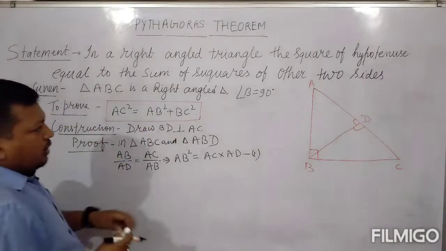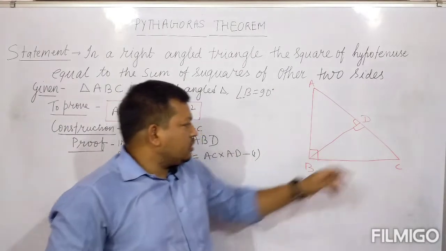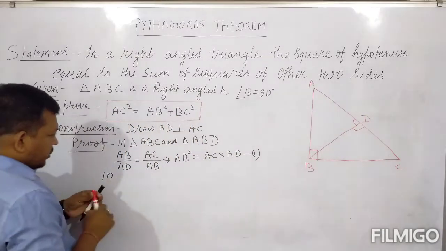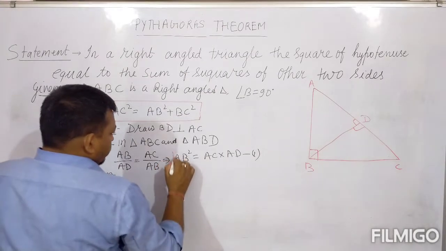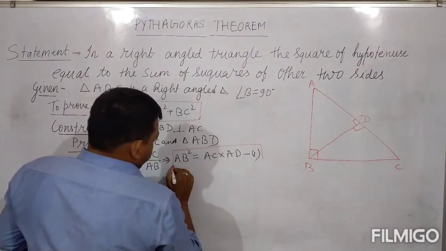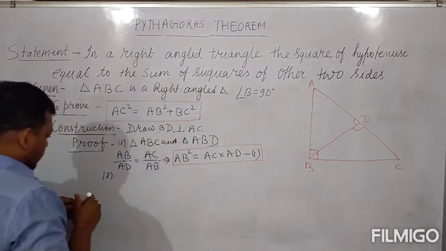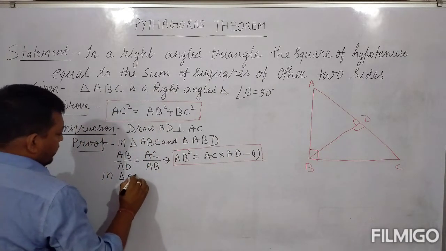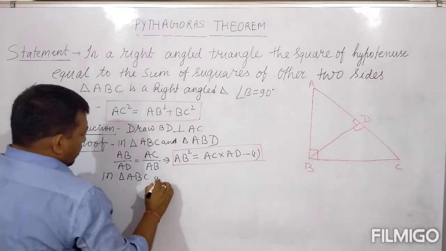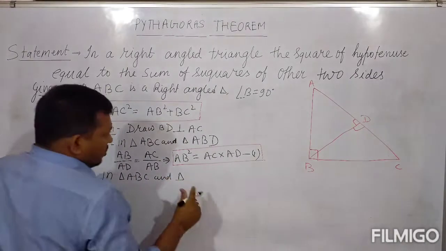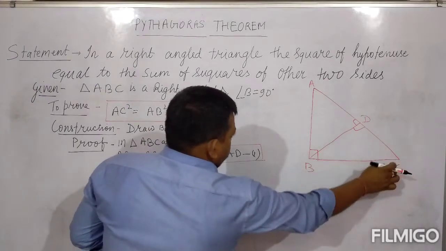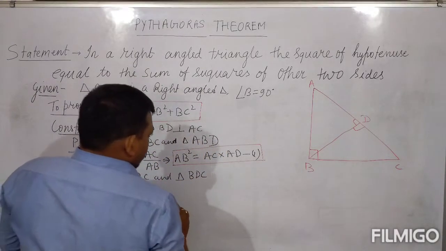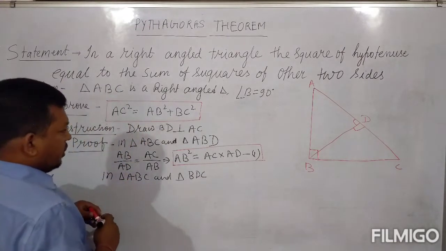Again, we will take the big triangle ABC and another smaller triangle BDC. The ratios of corresponding sides are equal.